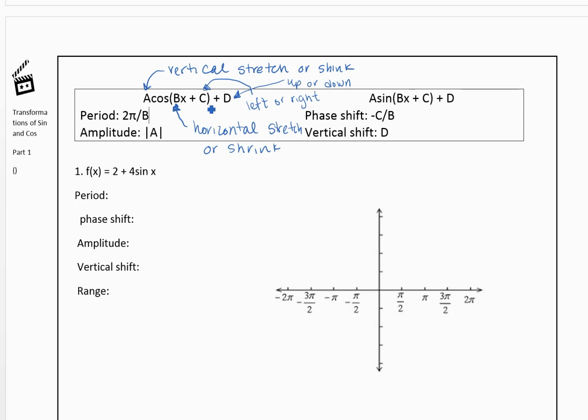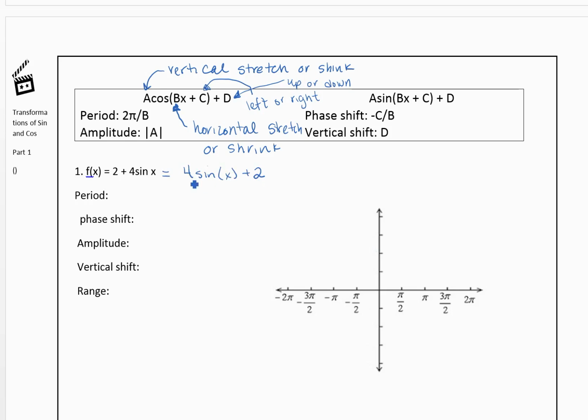Okay, so we're going to look at a few examples. So here we have f of x equals 2 plus 4 sine of x. And if you want to write this in the same order as above, this would be 4 times sine of x plus 2.